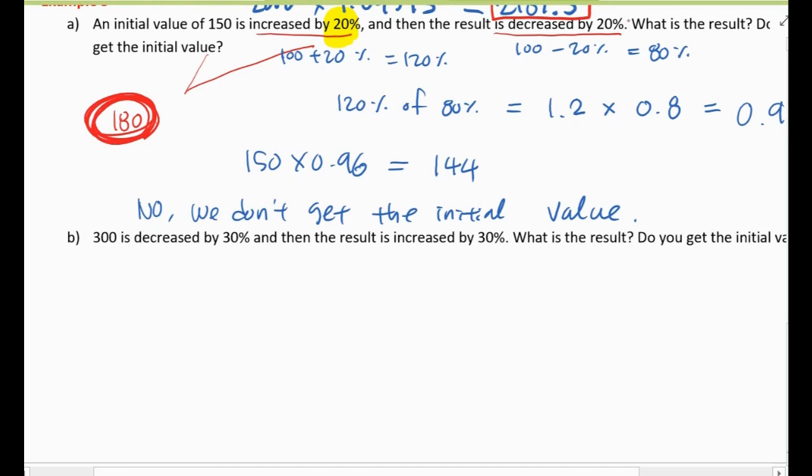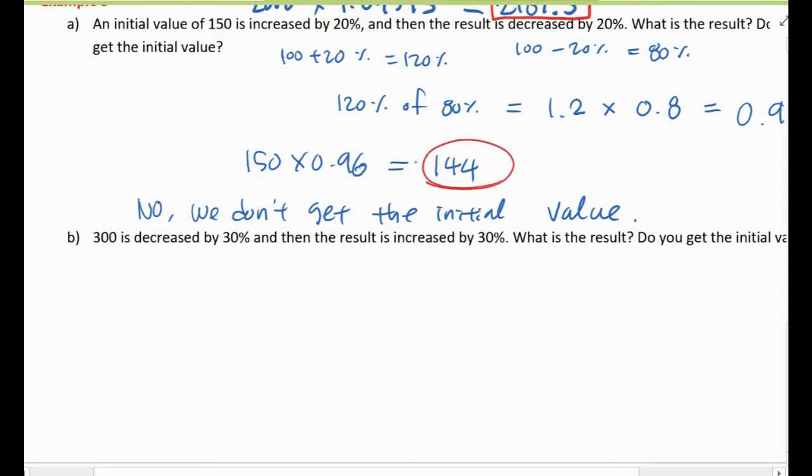So they're using different numbers. Increasing by 20% uses 150, and when you decrease it, you use the result, which is 180. That's why you didn't get the initial value. You got 144 instead.